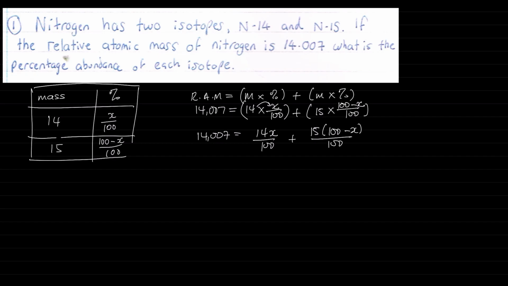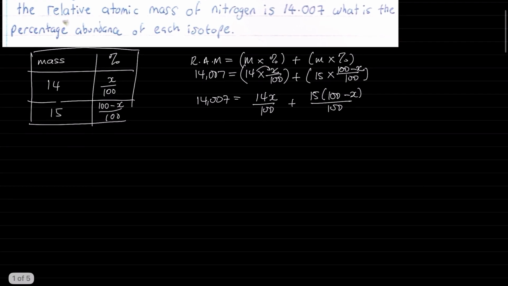Now what you can do here is you can multiply everything by 100 to get rid of that 100 in the denominator. So this is going to give me 1400.7 equals 14x plus 1500 minus 15x. Now we can solve for x, right?